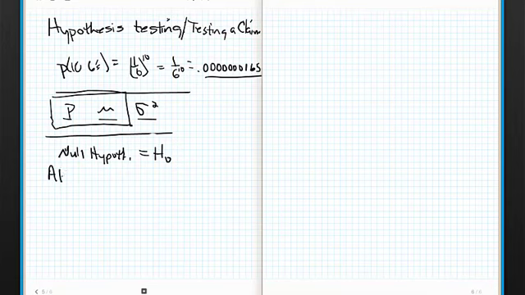And then you'll see the alternative hypothesis, and sometimes you'll see this written as H sub A, but usually you'll see it written as H sub 1. All right? Now, there are only two hypotheses in hypothesis testing.